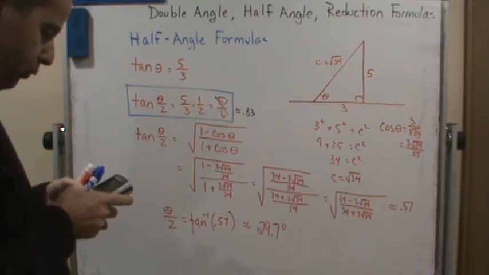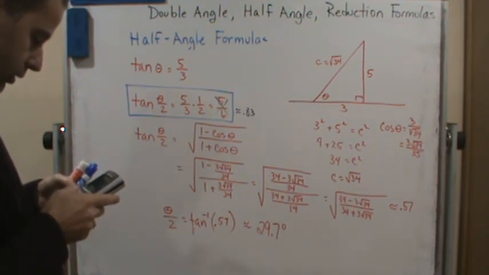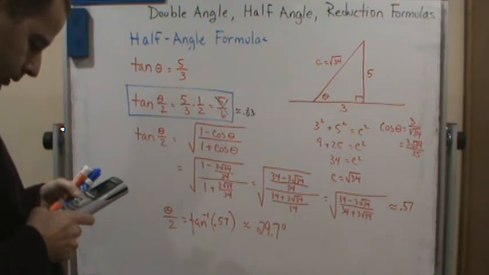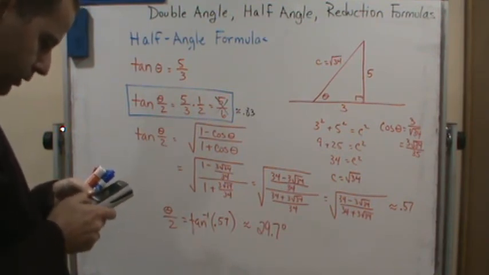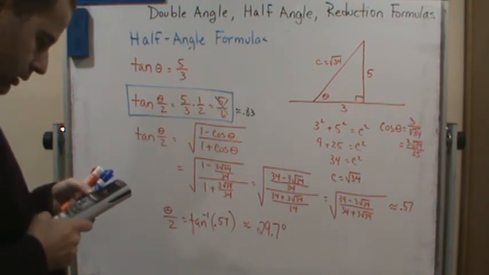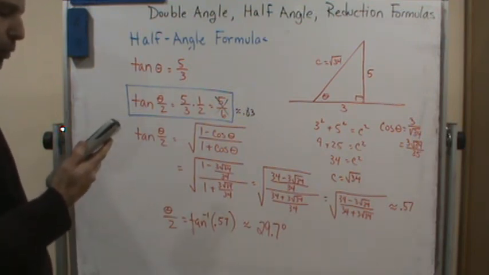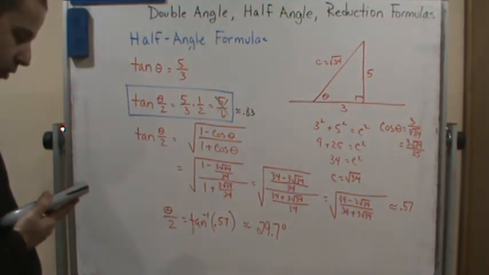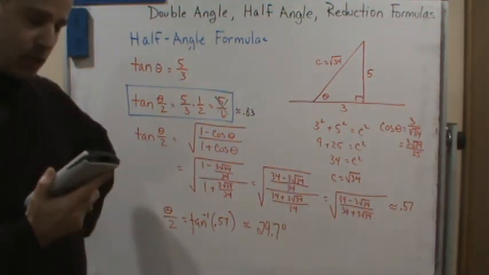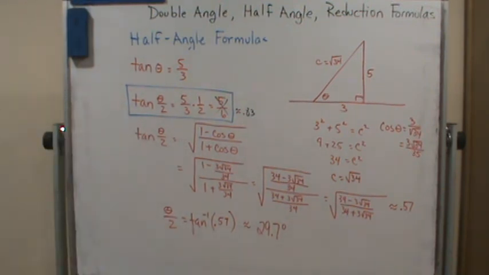So I got 0.515188, so let me change it to degrees. Okay, now I got 29.518. So you know what? I was wrong. So it actually is closer. So the more exact answer is 29.5 degrees if you put the whole thing in there instead of rounding here. So again, this is more accurate.